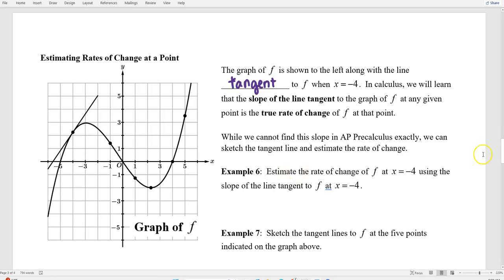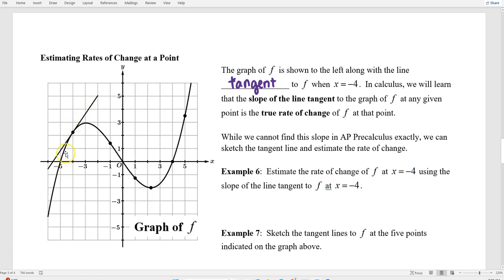So for example 6, it says estimate the rate of change of f at x equals -4 using the slope of the line tangent to f at x equals -4. So we're talking about this line they've already drawn in for us. We are supposed to estimate the slope of that line.